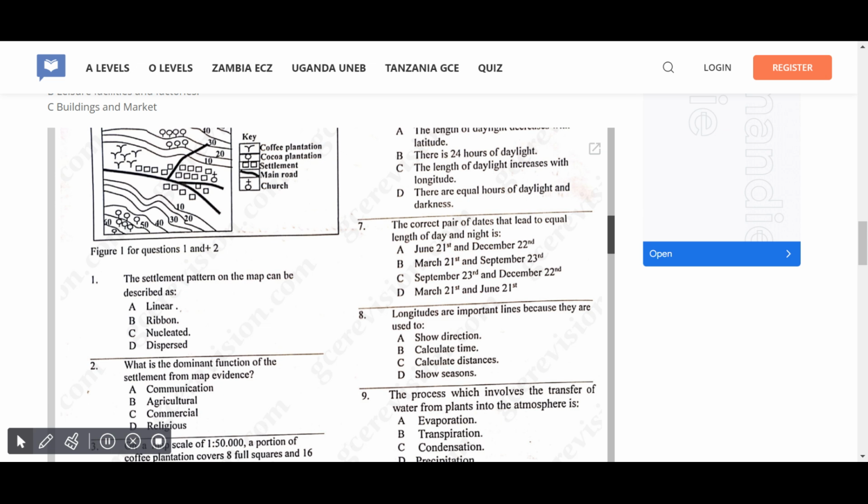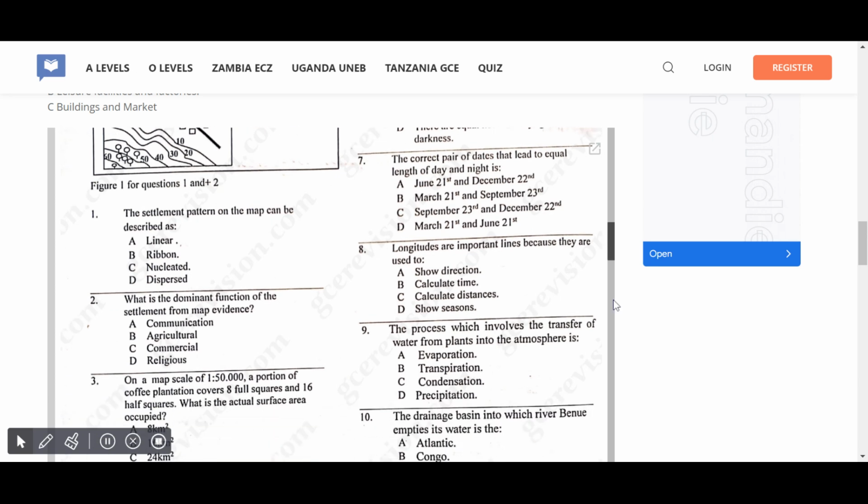Question 2. What is the dominant function of the settlement from map evidence?